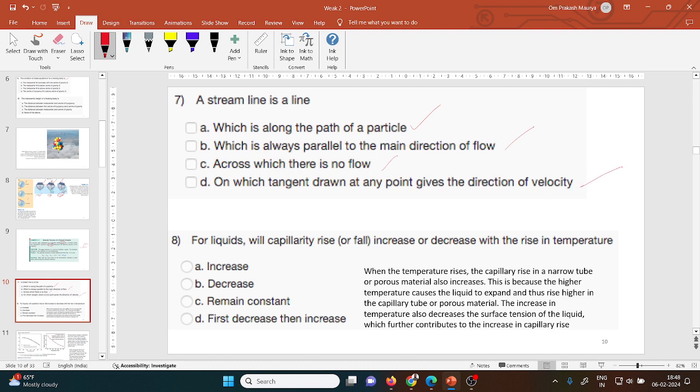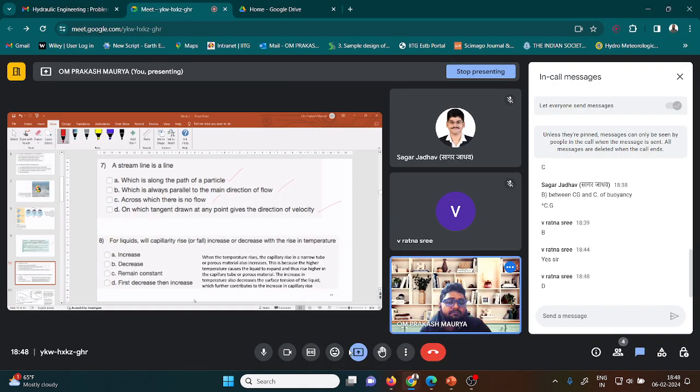So this is the question. Please write your comment in the chat box for question number 7. Very important. Always remember the difference between pathline, streamline and straight line. These are imaginary lines, but they have importance.